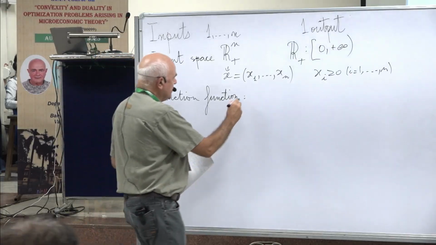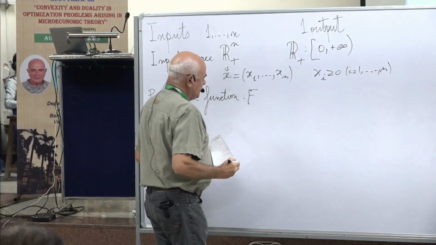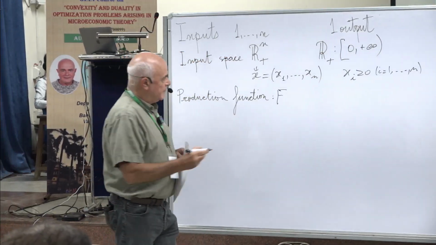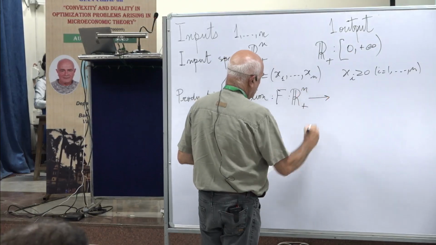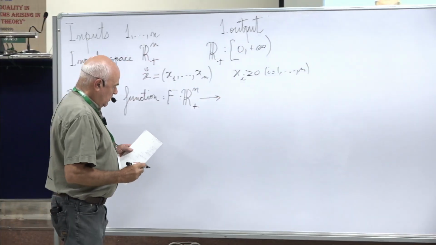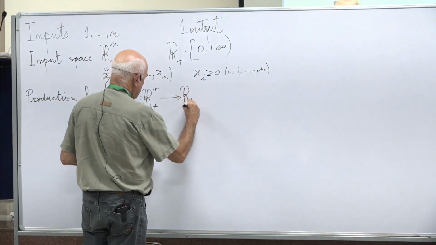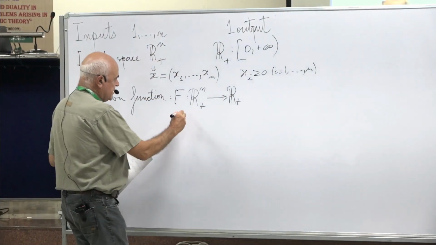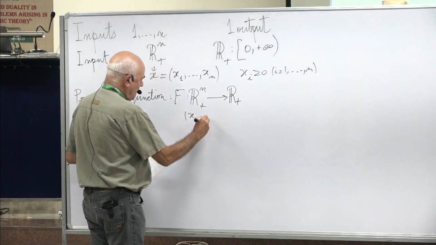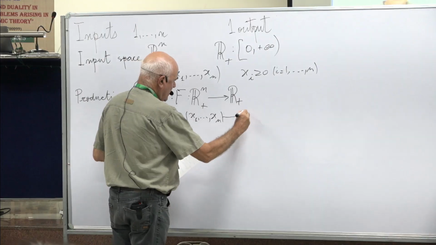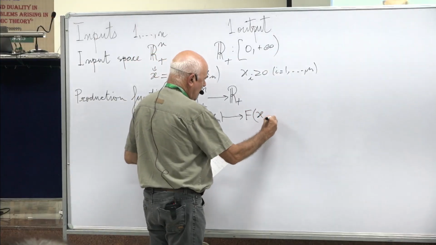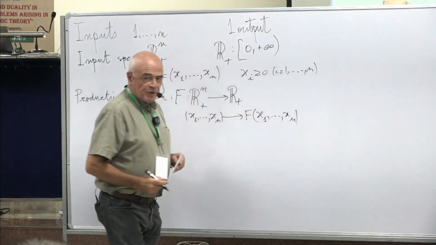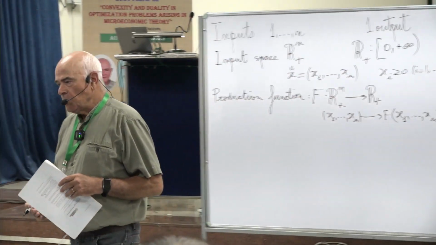A production function is a function which I will denote by capital F from the input space into the non-negative reals, which assigns to every input vector the largest amount of output f of x1 to xn that can be produced by means of these inputs.